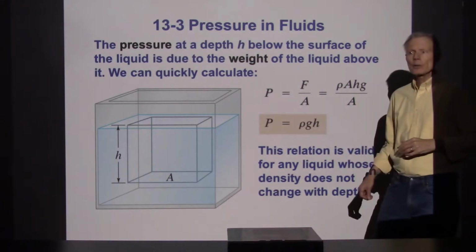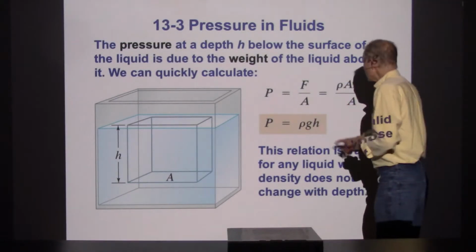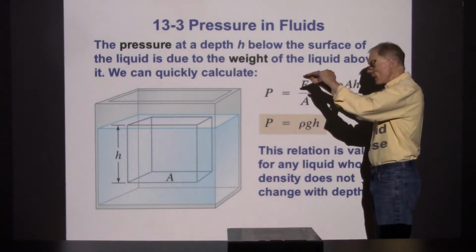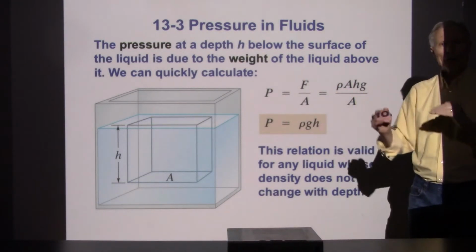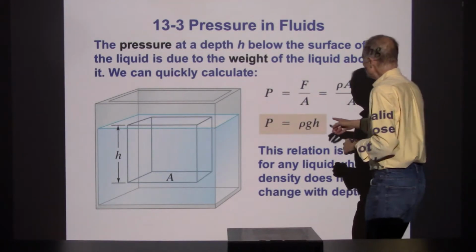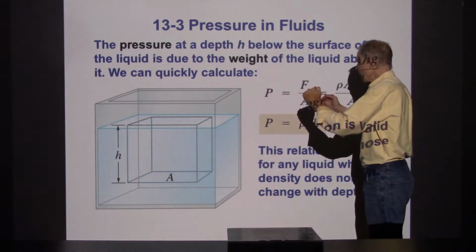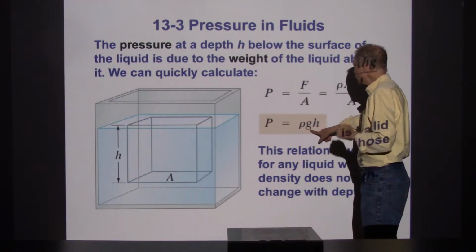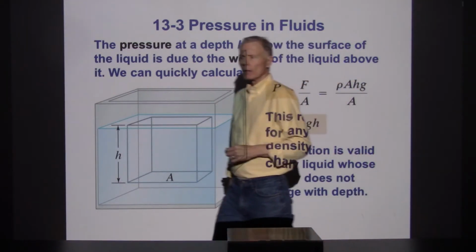That works for air, that works for water. Now, for water, the density of water remains roughly the same. Water is not very compressible. So if you're dropping through water, the density is roughly the same, and we can use this formula directly. If we're dropping through air, we have to take a more detailed look at this because the density is not constant.